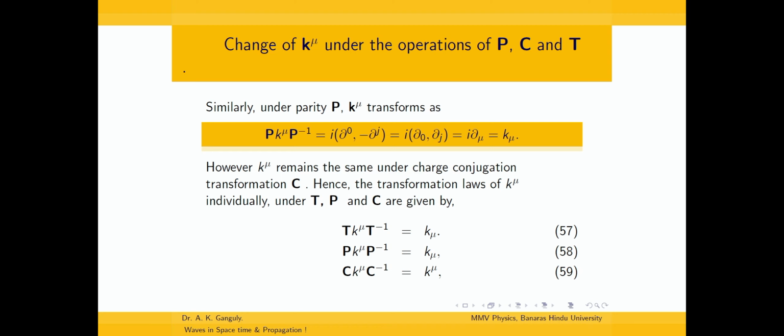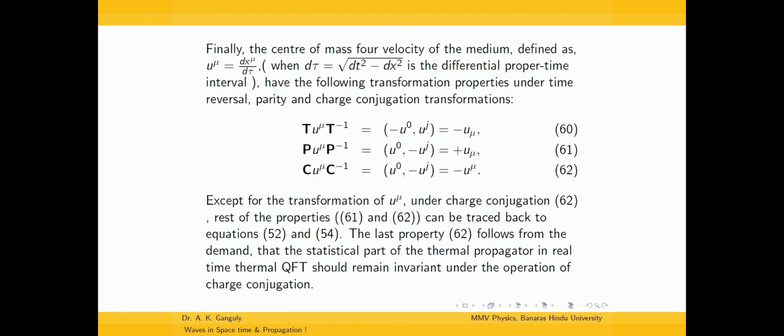If the medium is at rest, then this quantity that we call the 4 velocity of the medium has its temporal component to be only finite and spatial components can be 0. But if it is in motion, we can have these two things both non-zero.